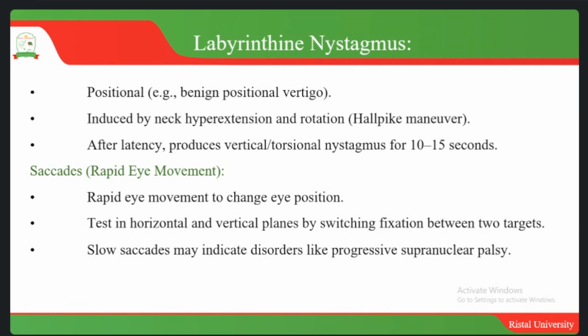Some benign ones can be removed, but some, when you tamper with them, end up causing more complications. So it is induced by neck hyperextension and rotation. So when the patient is having this problem, and you make the patient extend the neck, or rotate, or move the neck, then it can cause more and more danger to the patient.